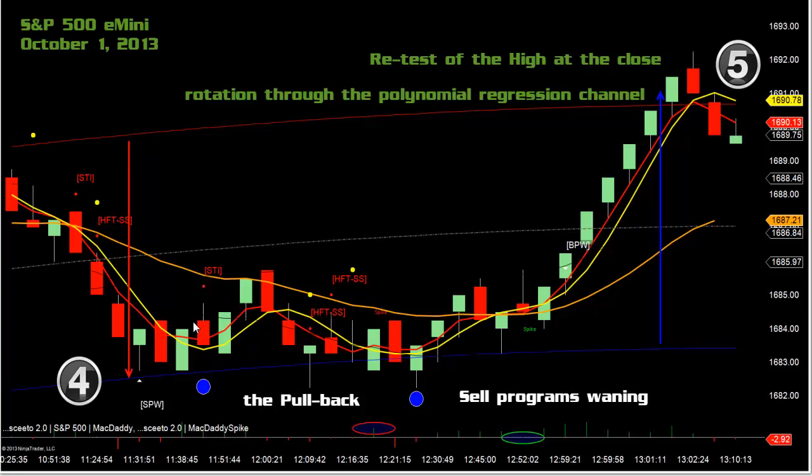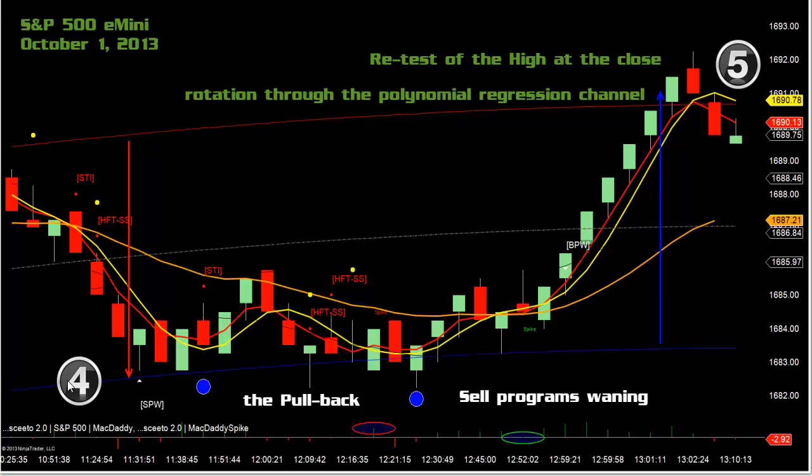Along with the polynomial regression channel, we have two major algorithms that we use to plot the market direction. The longer-term algorithm is called the Kalman digital filter, and the shorter-term algorithms are Gaussian regression filters. Along with these algorithms that plot the price direction, we have developed specific algorithms to read the micro order flow.